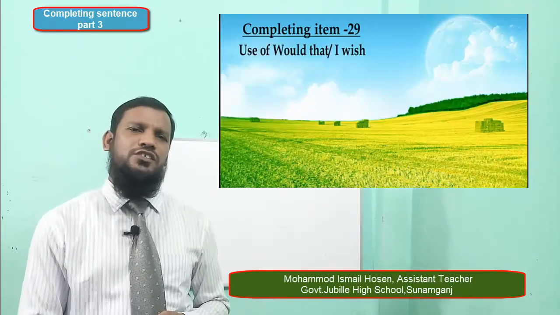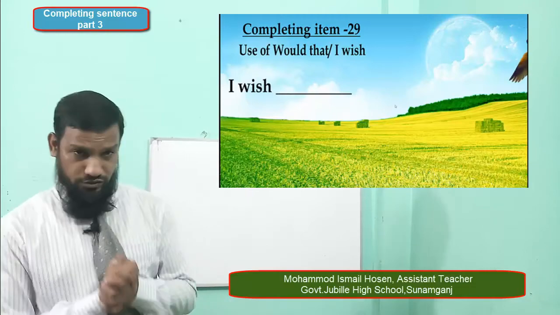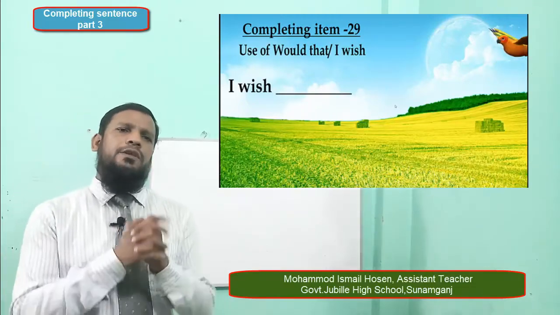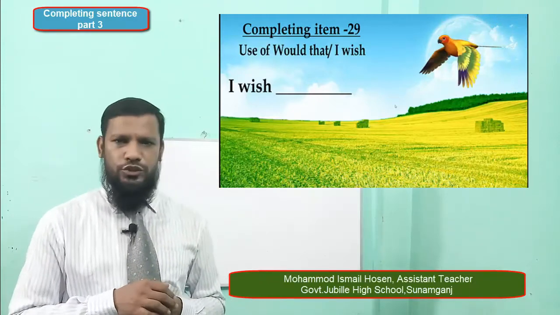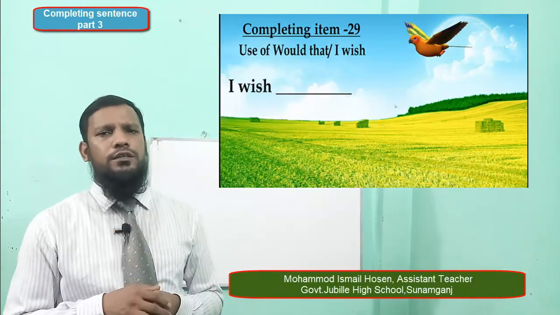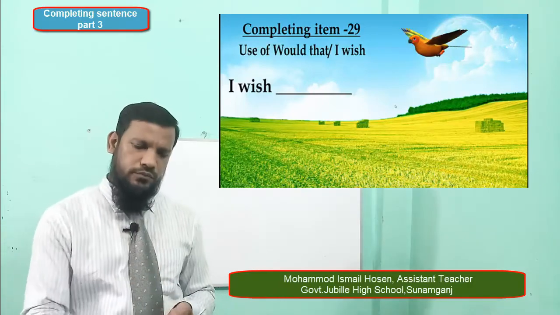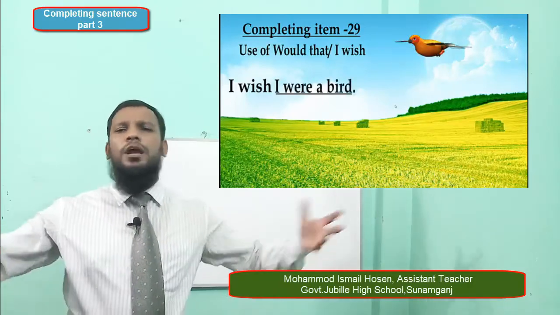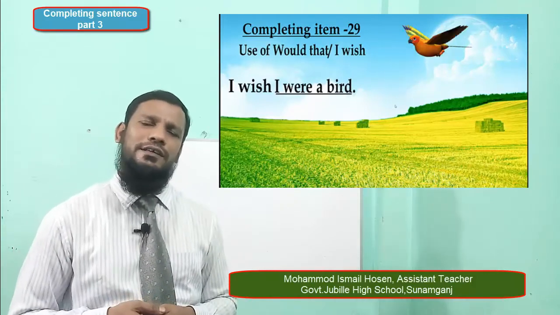Okay, dear students, let's see what's there for us again. Completing item 29. Use of would that or I wish. Would that indicates a wish. I wish I were a bird.